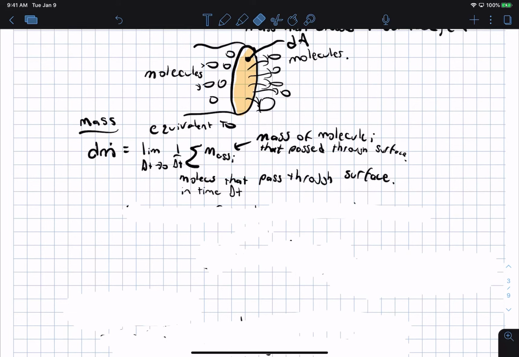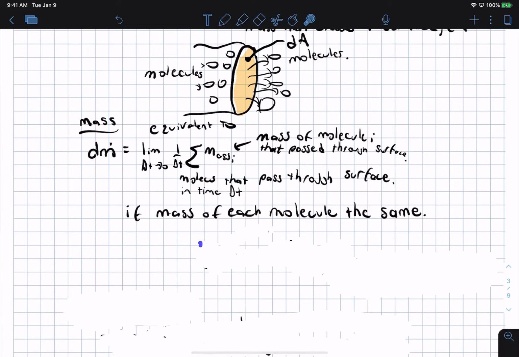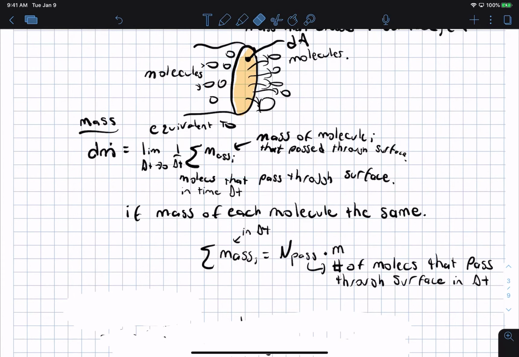If the mass of each molecule is the same, then the sum of the mass of all the molecules in time delta t is just the number of molecules that have passed through the surface, so we can just count them up times their mass. Okay? So again, n pass is just the number of molecules that have passed through this fictitious surface here in time delta t. We know the mass of each molecule. You can look that up.